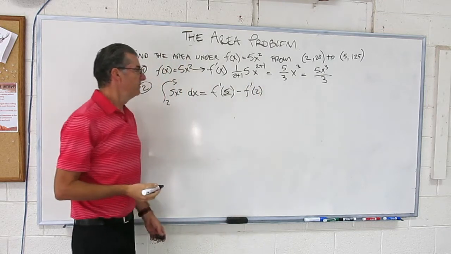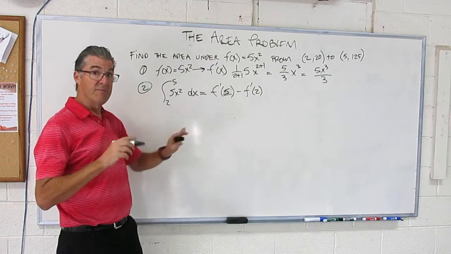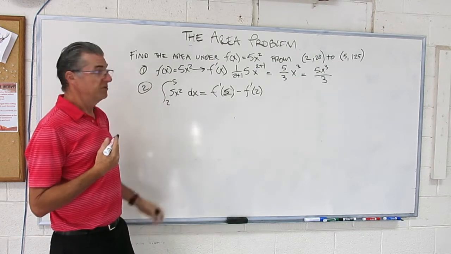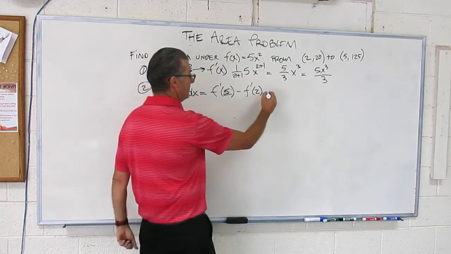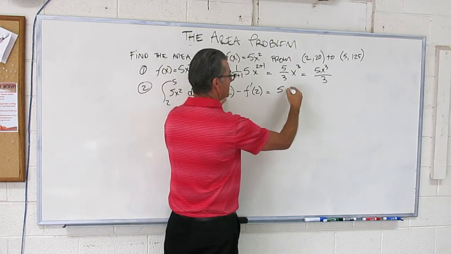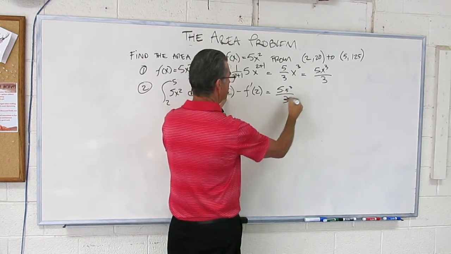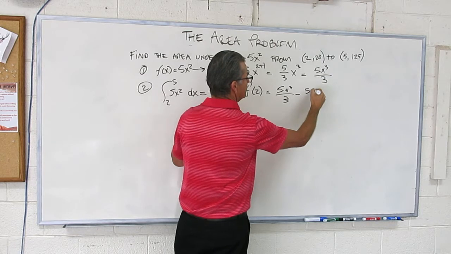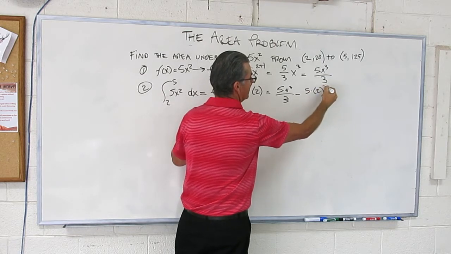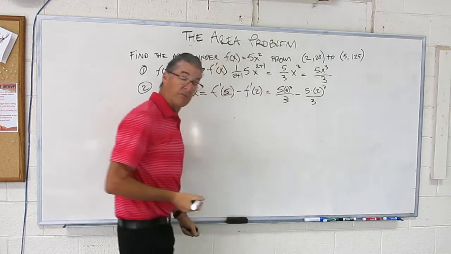of 2. Okay, so I recommend doing this step just so you have that information down so you don't mess up on the plug-in step, which is now what we're going to do. So f prime of 5 is going to be 5 times 5 to the third over 3 minus 5 times, let's put parentheses around 2 to the third, over 3. Okay?